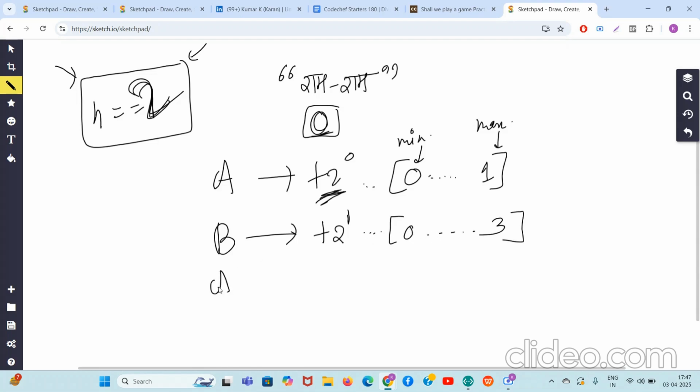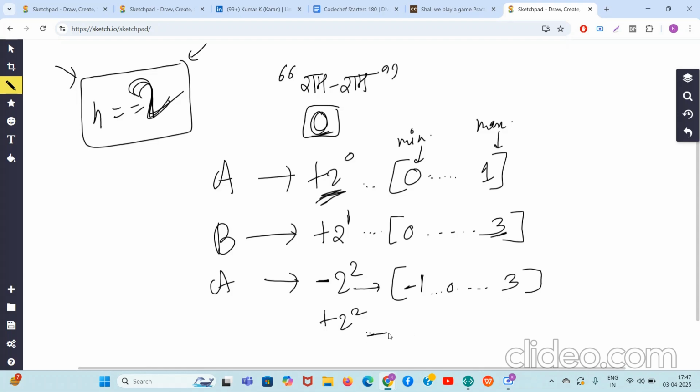Now Alice comes. Now you only think what is going to happen. Alice has two options. Either Alice can do minus 2 raised to 2 or it can do plus 2 raised to 2. If it does minus 2 raised to 2, Alice wants to decrease the range. So see what will happen. Minus 4, 3 minus 4, minus 1. So minus 1, 0, 3.